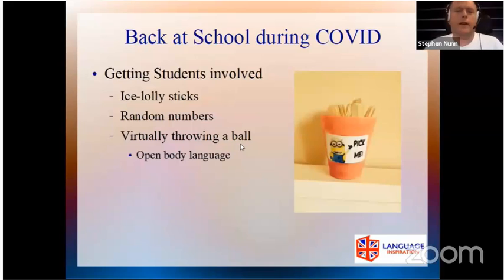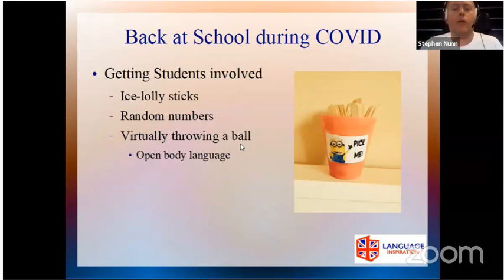So one of our go-to techniques quite often for getting students involved in class is throwing a ball around in the class, which of course during COVID could pose hygiene challenges perhaps. So to randomly get students involved, I've seen techniques used in the past where a teacher has lollipop sticks in a pot, randomly pulls a lolly stick out with a name on, so maybe a pot for each class, which would randomly involve students in the lesson.